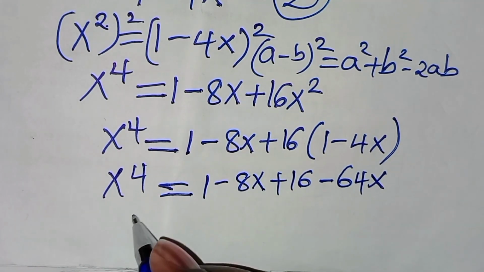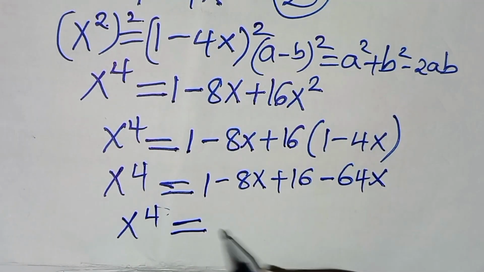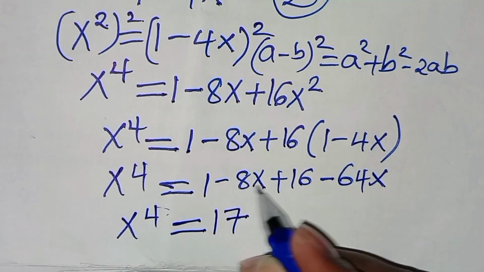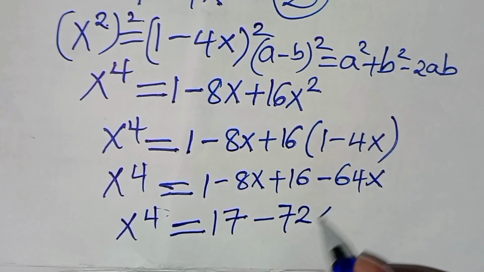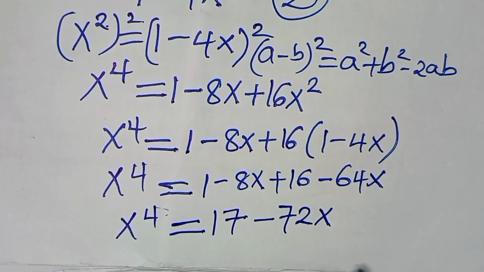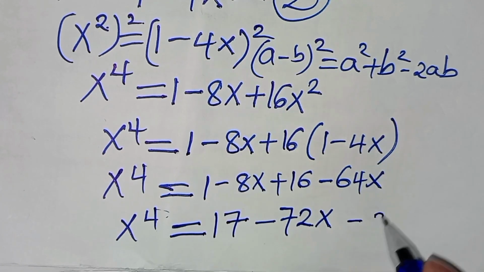So now x to power 4 is equal to 1 plus 16, this is 17, negative 8x minus 64x, this is minus 72x. So this is x4, and we can call this one equation 3.